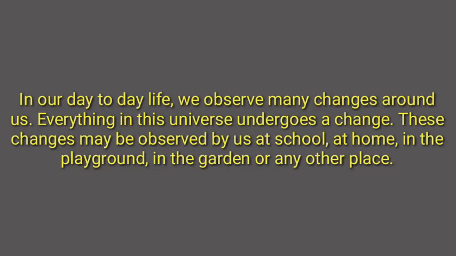In our day-to-day life, we observe many changes around us. Everything in this universe undergoes a change. These changes may be observed by us at school, at home, in the playground, in the garden, or any other place.